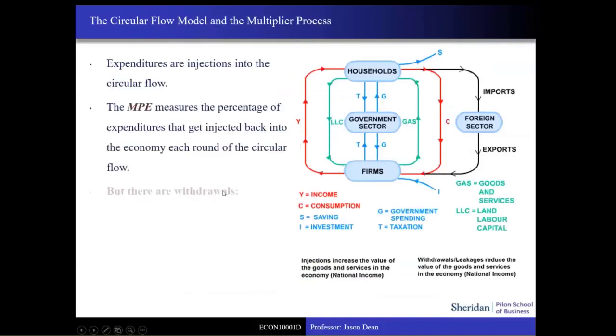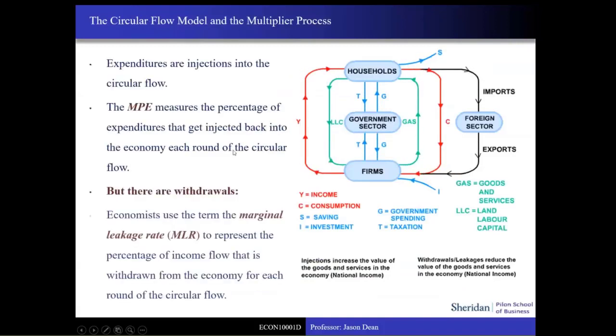So this is just an illustration of the circular flow again. So here we know that expenditures are injections into the circular flow, and that the marginal propensity to expend measures the percentage of expenditures that get injected back into the economy each round of the circular flow. So this is just showing you the different injections and leakages here.